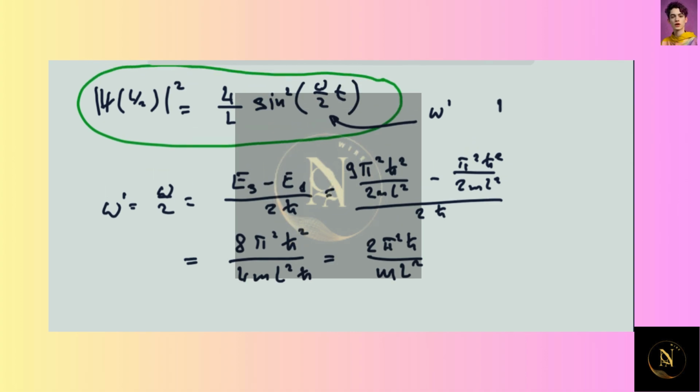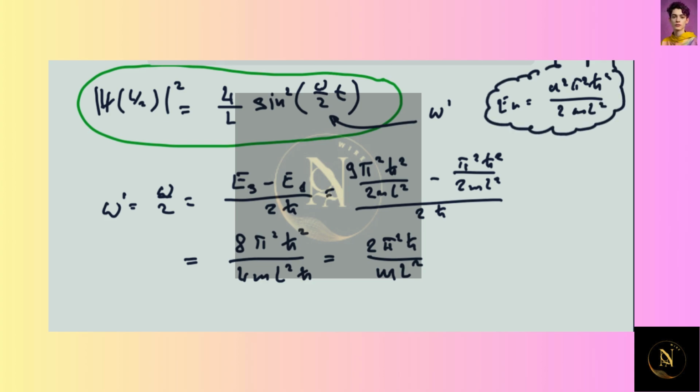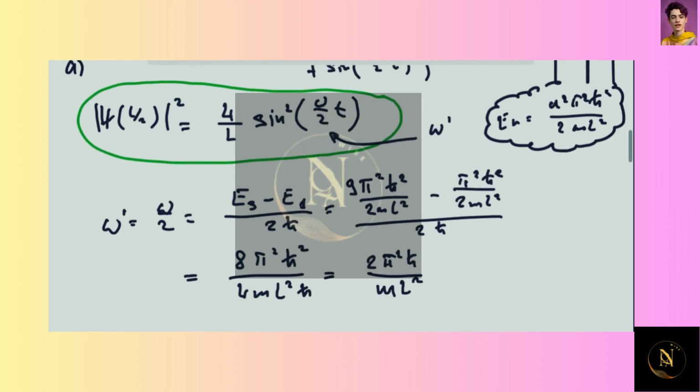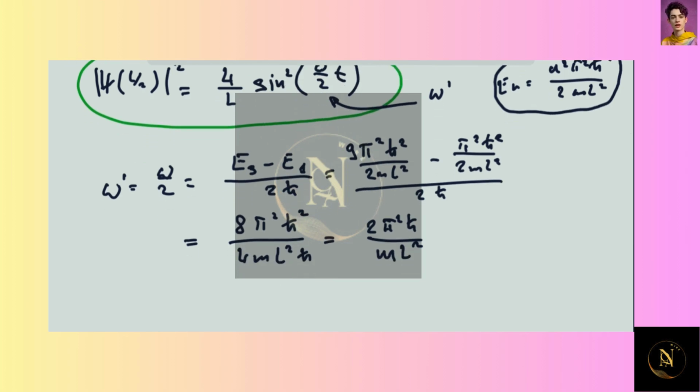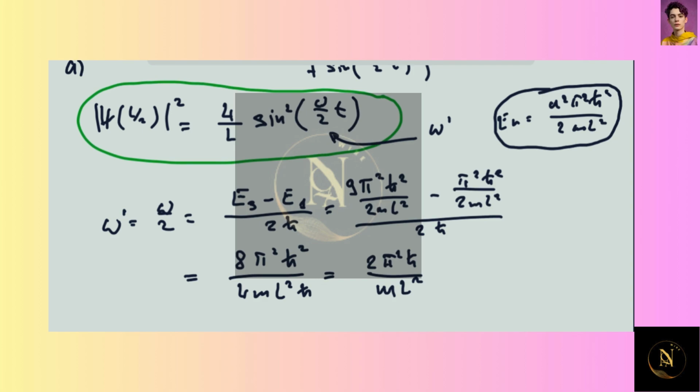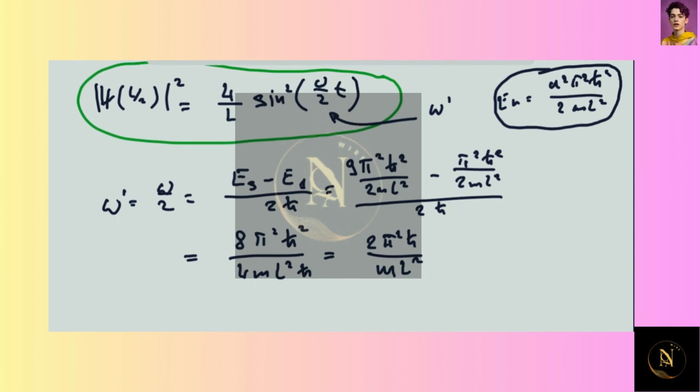And then we're going to use the fact that En for this system is given by n squared pi squared h bar squared over 2mL squared. Right, so this is the general formula for the energy levels. And then we're just going to put in the values for n equals 3 and n equals 2 and just power through the calculation.